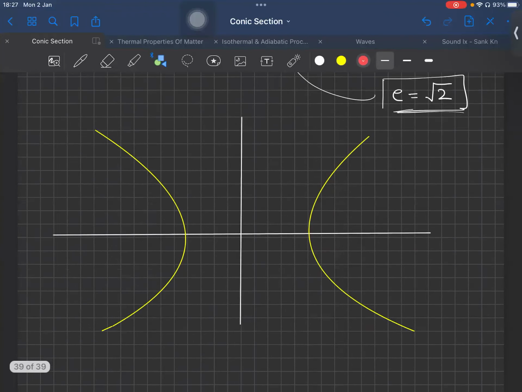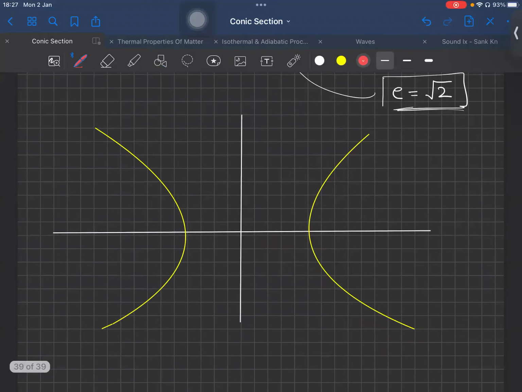Okay. So for this hyperbola, with y and x axes, everything will remain the same, but if you draw the tangent, let's draw it here. These are called asymptotes, tangents at infinity.